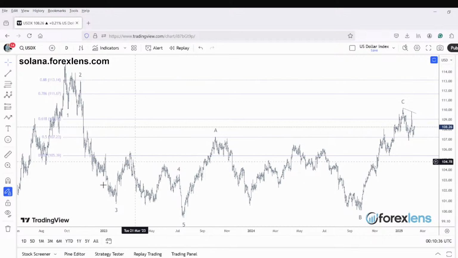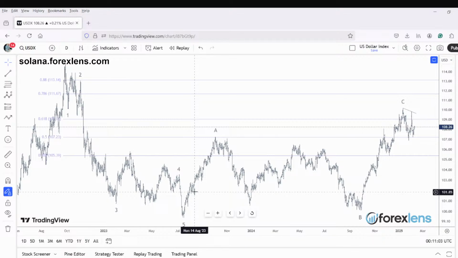You can see that the wave 4 unfolded as a triangle, as always, like in euro USD, also a contracting triangle, and then that thrust wave 5. That's what triangles are actually made up of, and it can be seen on all different time frames. Where you can spot a triangle, you can expect a thrust wave thereafter.